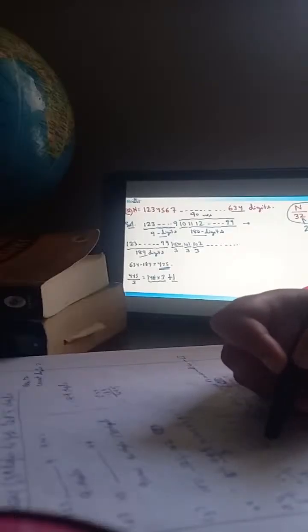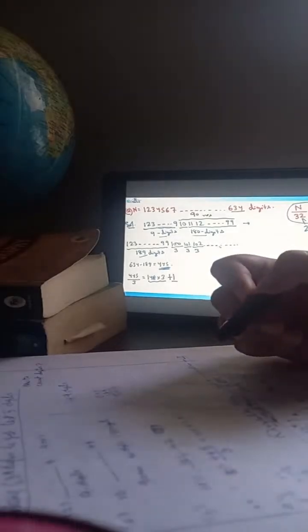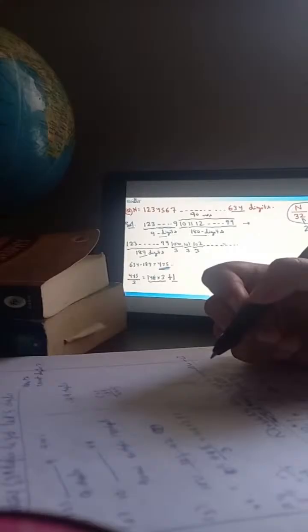That means I can write 148 numbers like this. So starting from 100, 148 numbers. I mean how much? 99 plus 148 is how much? It is 247. Right? 247. So like this, 148 times, 444 digits in 148 numbers.